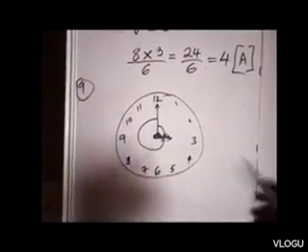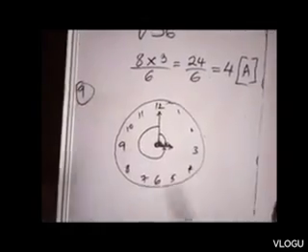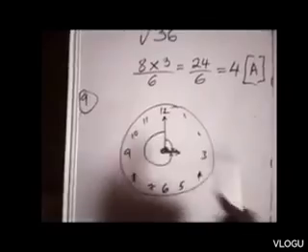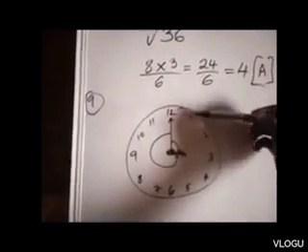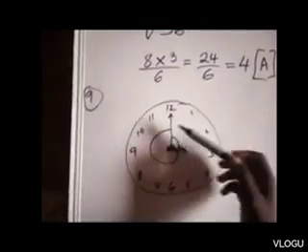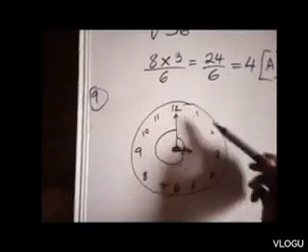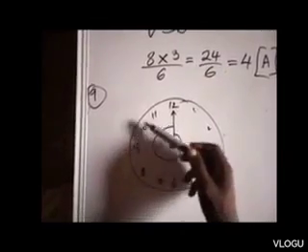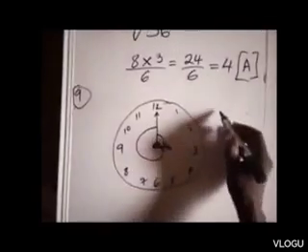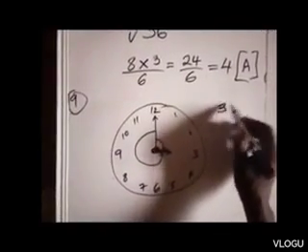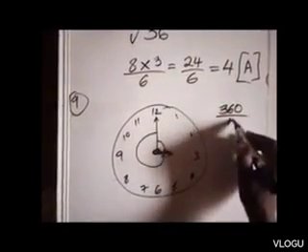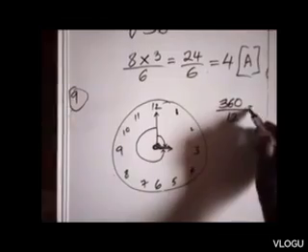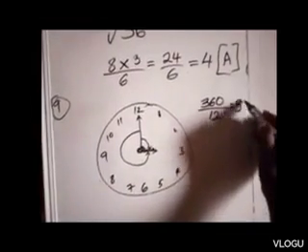For us to know this, the angle in a circle is 360. And if you count it one by one, we are having 12 from here to here: 1, 2, 3, 4, 5, 6, 7, 8, 9, 10, 11, 12. So it means 360 divided by 12. Each movement will give us 30 degrees.